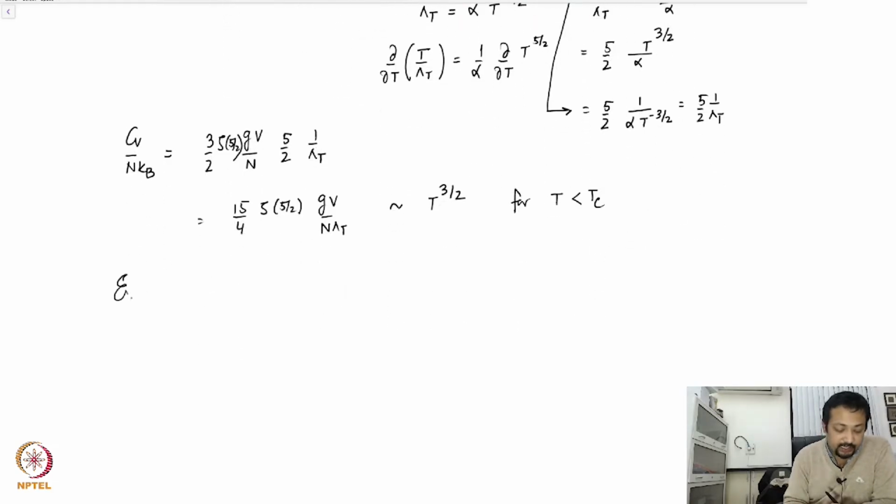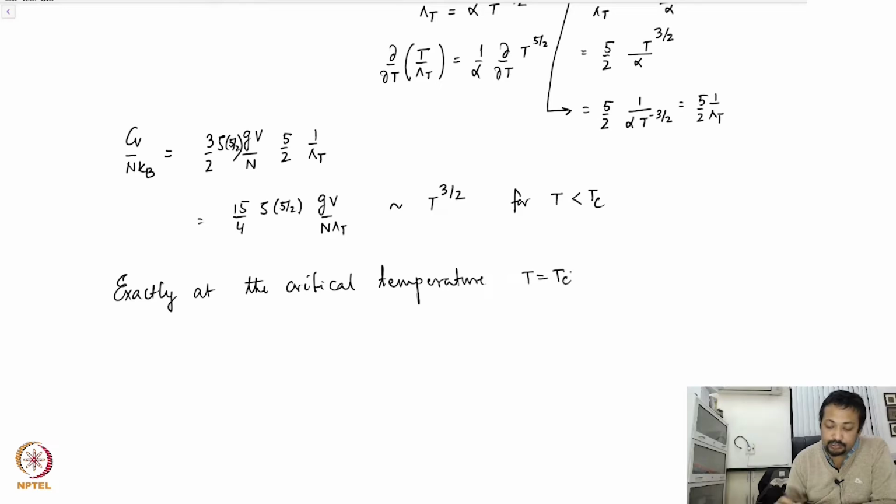Now exactly at the critical temperature, T is equal to Tc, I have Cv over NkB is going to be 15/4 zeta 5/2 gV over N lambda Tc.